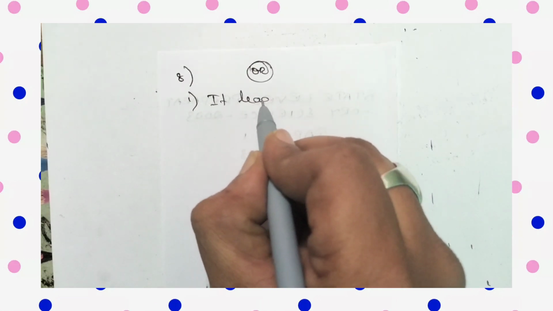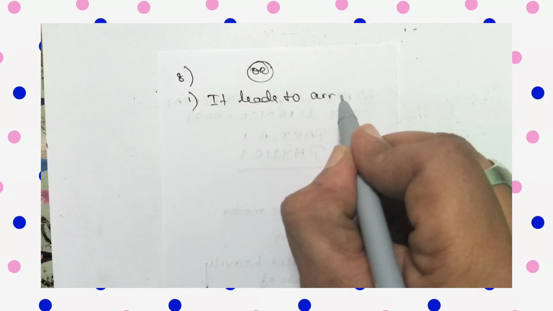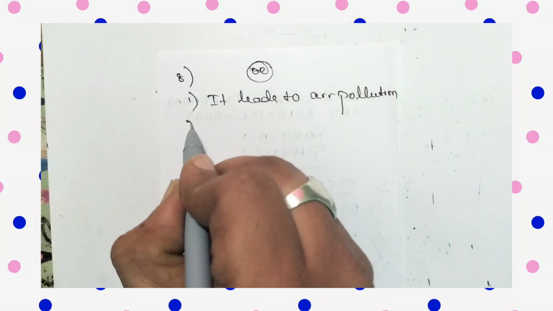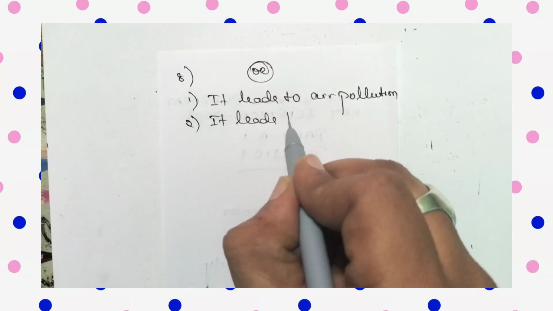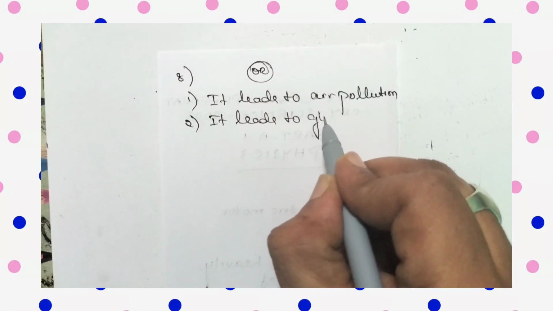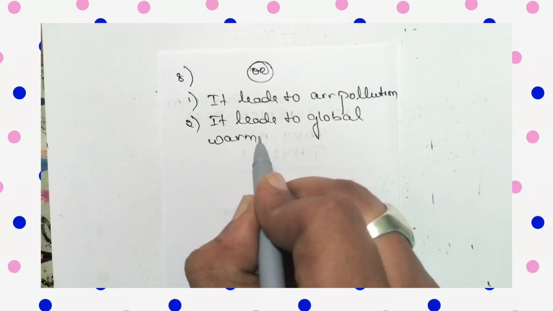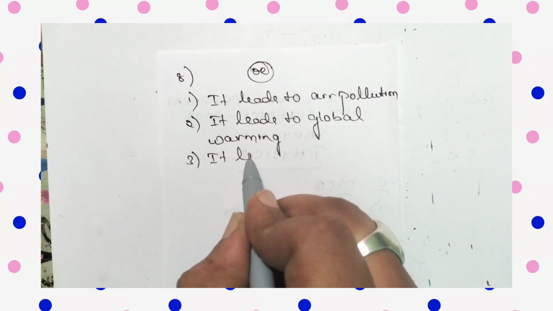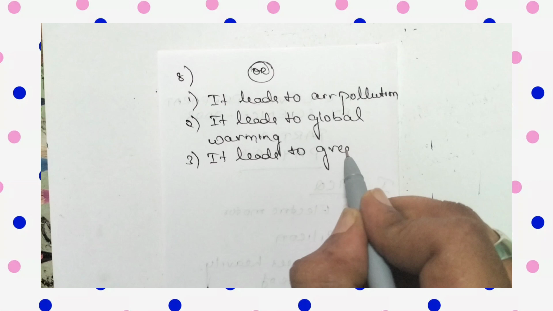Fuels, if overused, lead to air pollution. It leads to global warming. It leads to greenhouse effect.